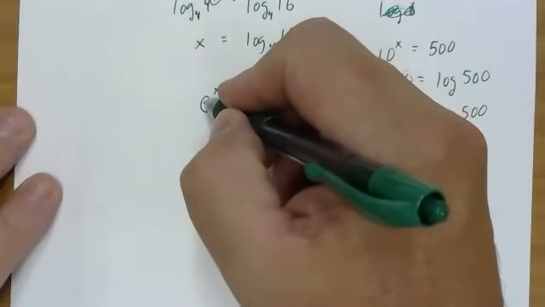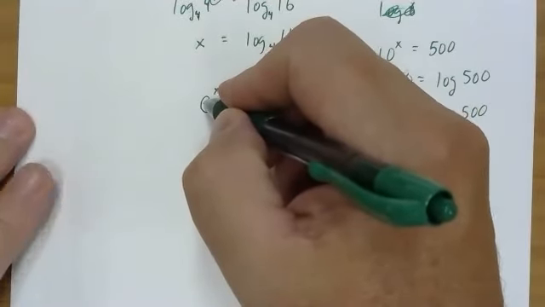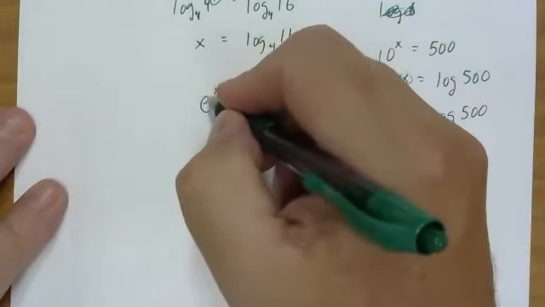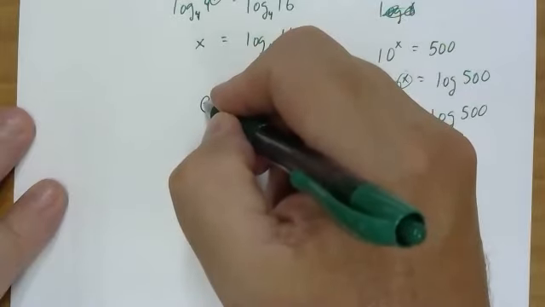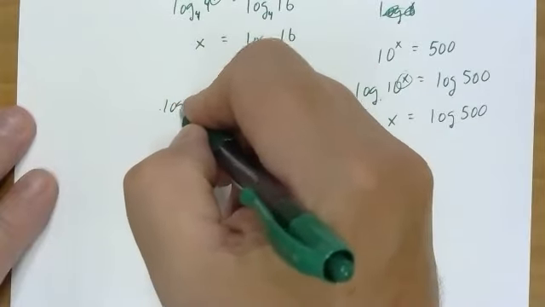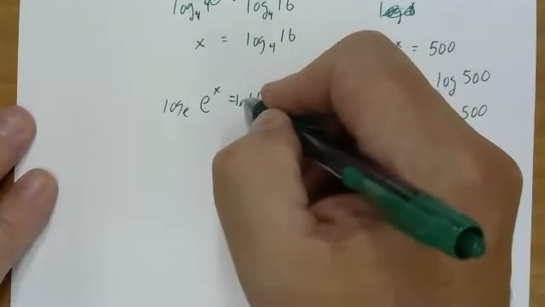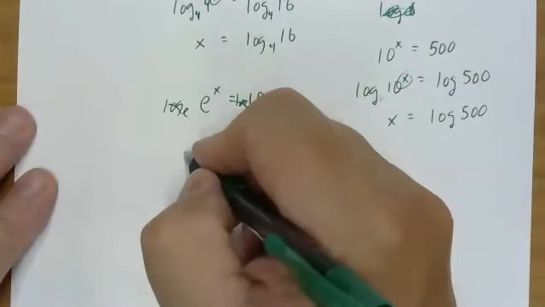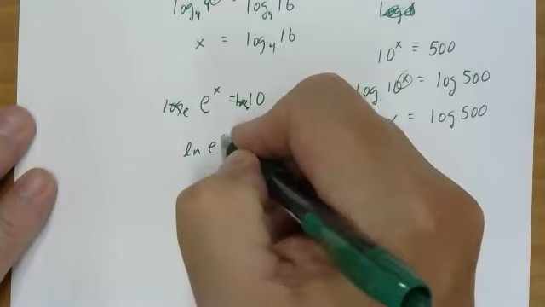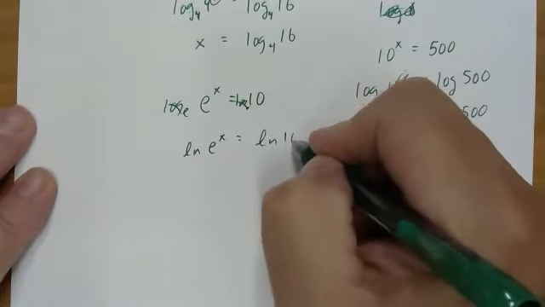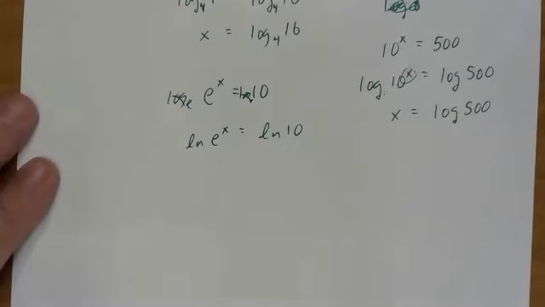Here's my exponent. My base is e, right? e is a number like 2.7. So what I'm going to do is take the log of both sides, and I want the base of my log to be e. Now someone might think, oh, log base e. Well, we don't really write log base e, right? Instead, we write natural log of e to the x, natural log of 10.